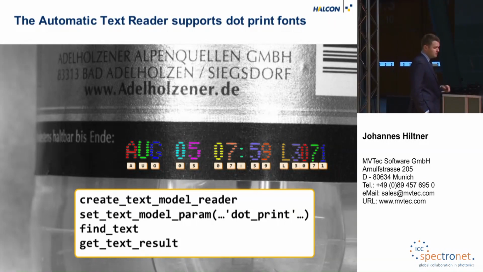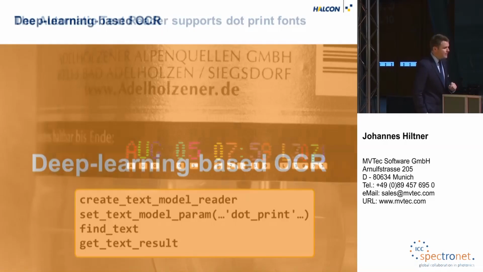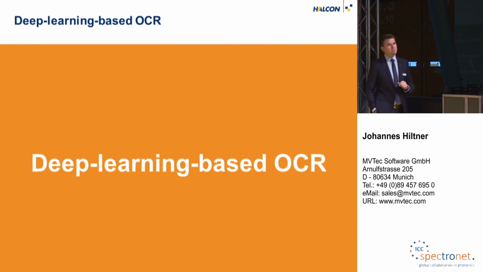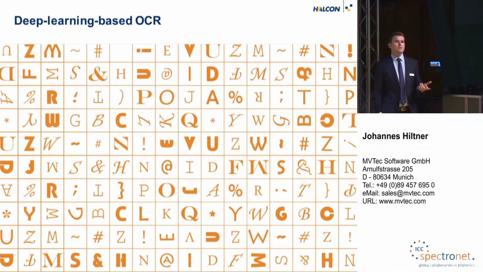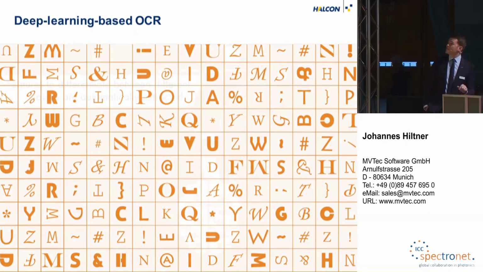With HALCON 13, we introduce a new classifier, and this new classifier is based on deep learning technology. It's based on convolutional neural networks, and for that we used hundreds of thousands of sample images to optimize this neural network. So we put all these hundreds of thousands of samples into a big brain.